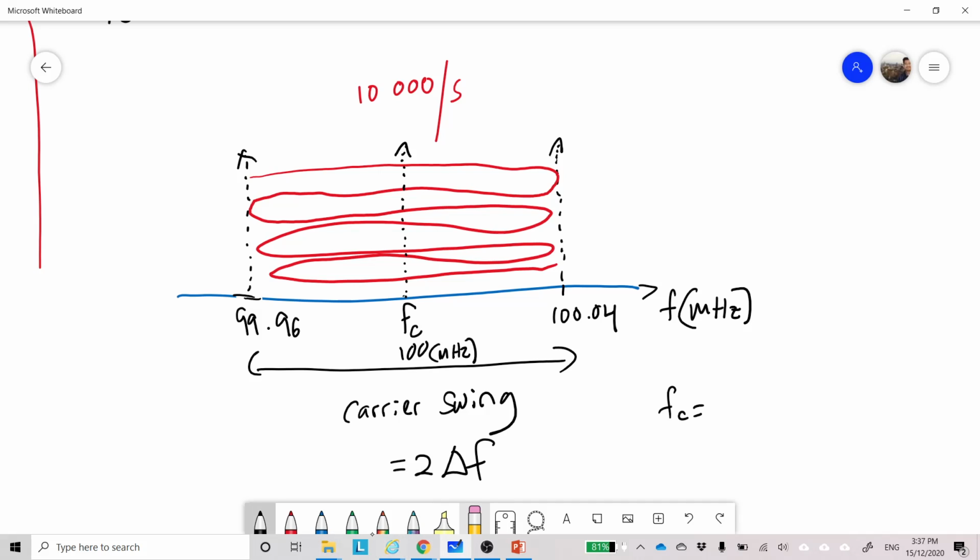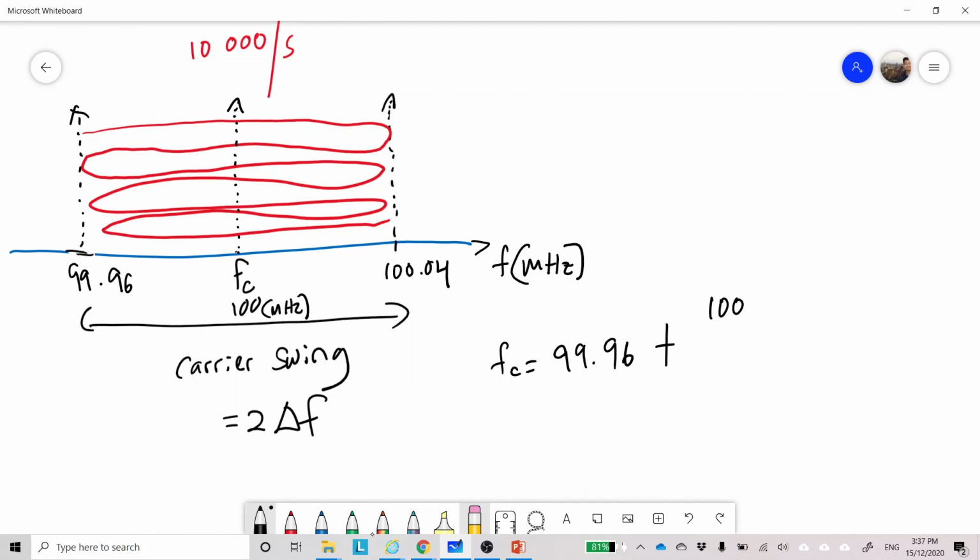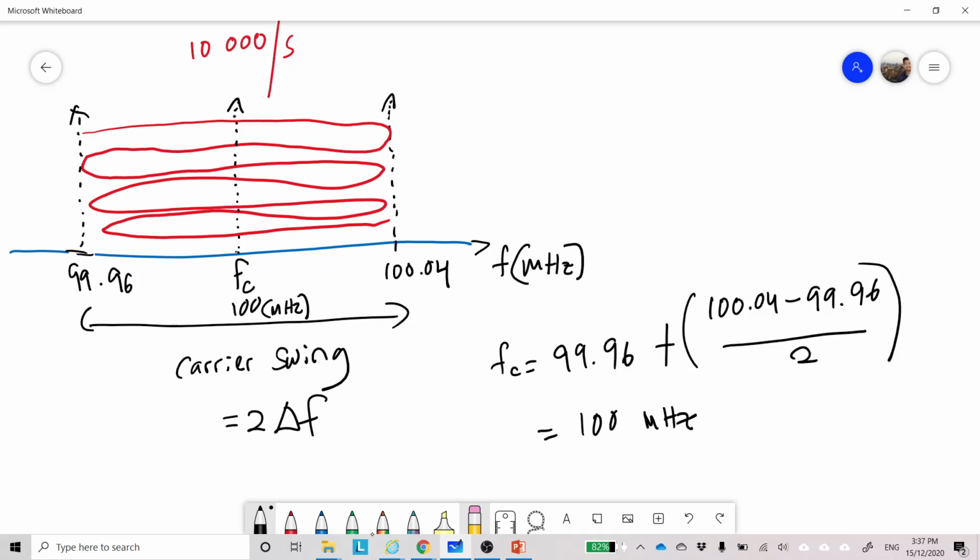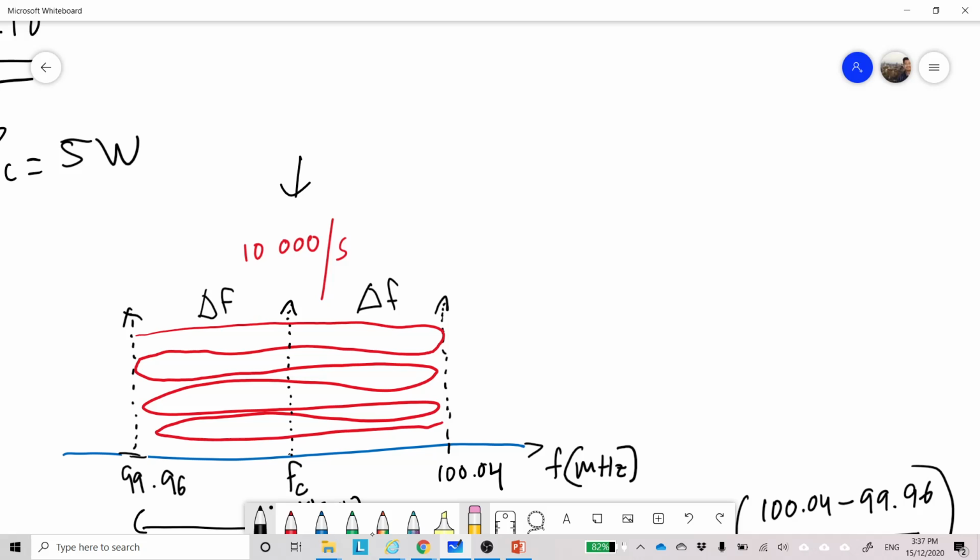Nilai FC bersamaan dengan 99.96 plus 100.04, divide with 2. Okay, so you're gonna get this one is equal to 100 megahertz. Okay, so di sini adalah delta F, here is delta F. And then what about this one, 10,000?